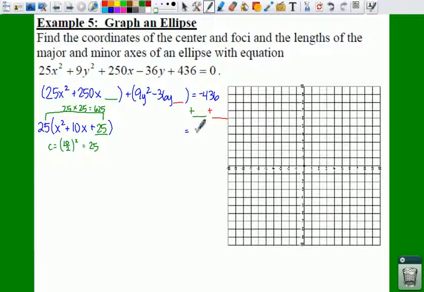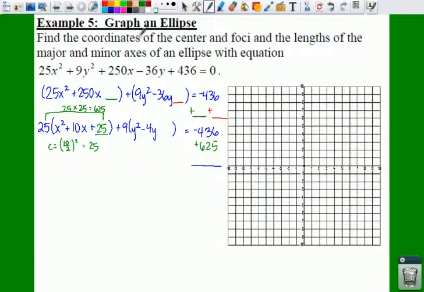So let's get negative 436, and we're going to add 625 to that. We're also going to have to add a red number here shortly. So let's take out a 9 here in your y's, and you get y squared minus 4y.